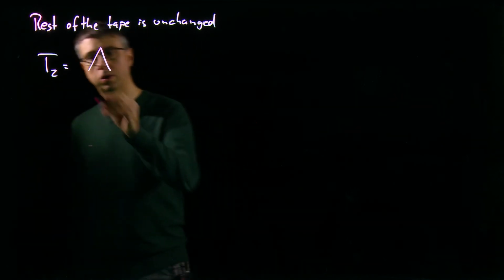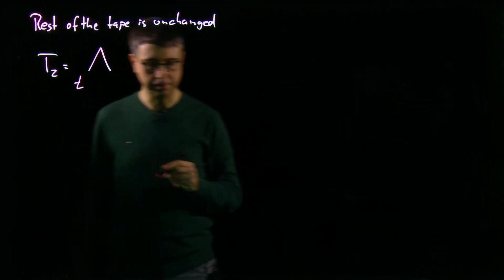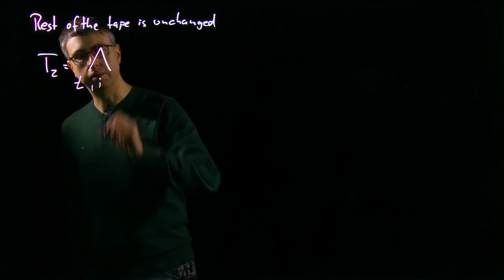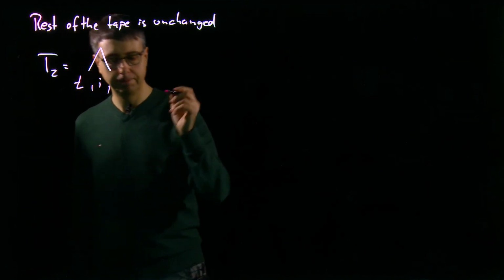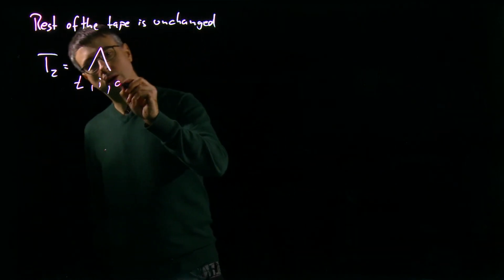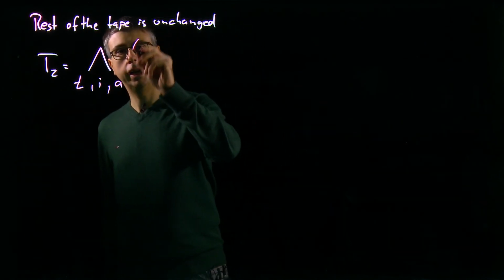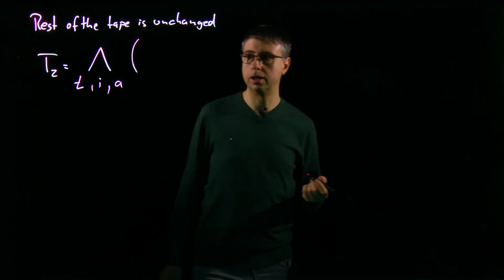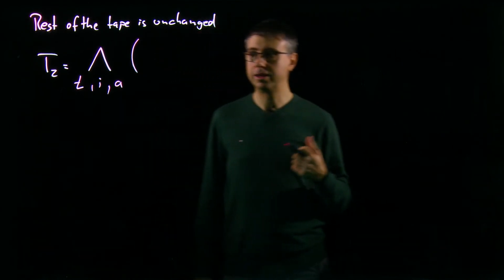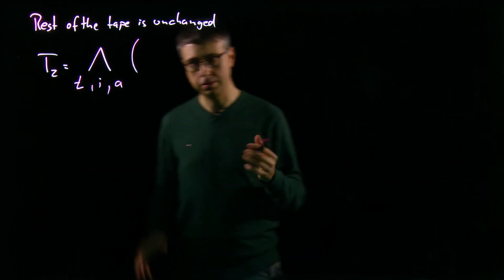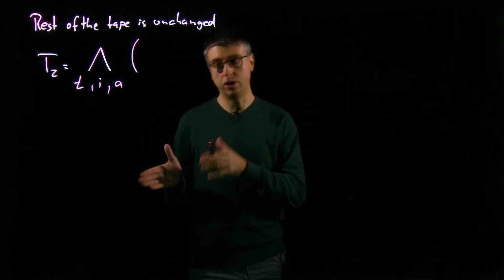So what we consider is all the points in time t, all the positions on the tape I, and all the possible symbols that might be there. And we consider all the positions on which there is no head. So all the positions on which the head is not at this point.